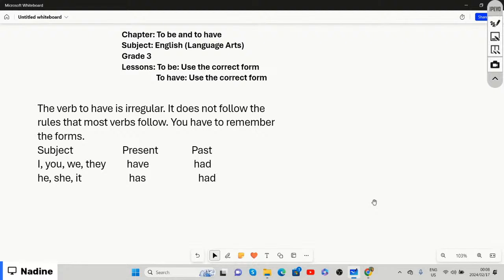If we use, for example, I, you, we, or they, then we use the present tense form of have. For example, I have, you have, we have, or they have. And in the past, we use the word had. For example, I had, you had, we had, or they had.